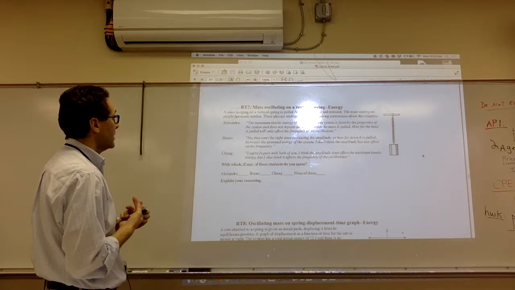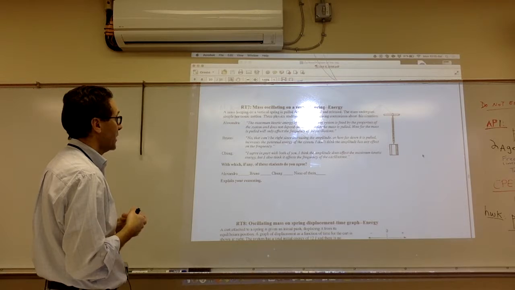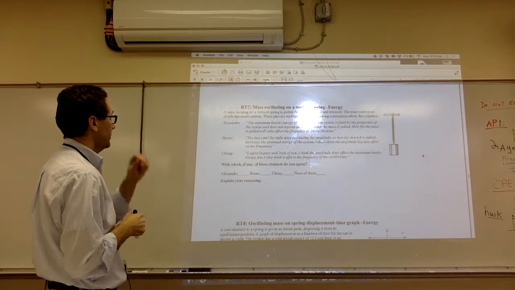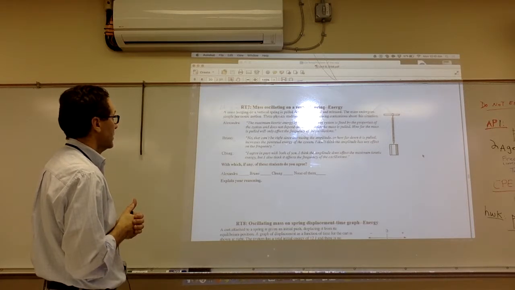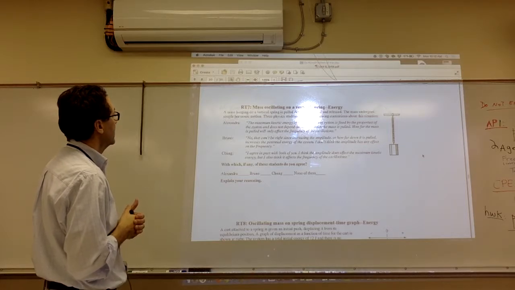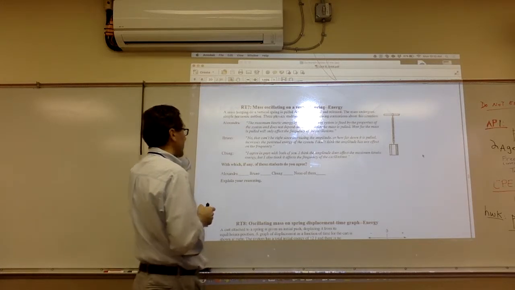No, that can't be right, since increasing the amplitude, or how far down it is pulled, increases the potential energy of the system. I don't think the amplitude has any effect on the frequency. Yeah, that's true. The amplitude has no effect on the frequency.